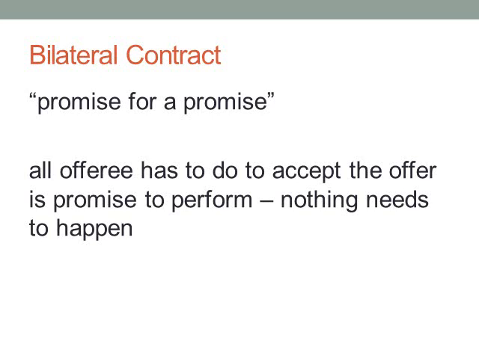If to accept the offer, all the offeree must do is promise to do something, promise to perform, a promise for a promise, nothing needs to happen, that is a bilateral contract.